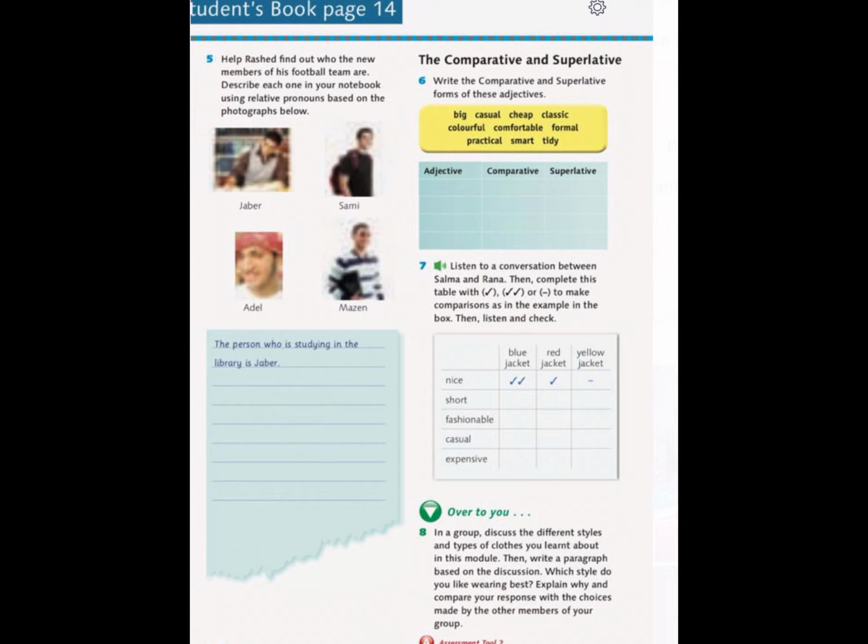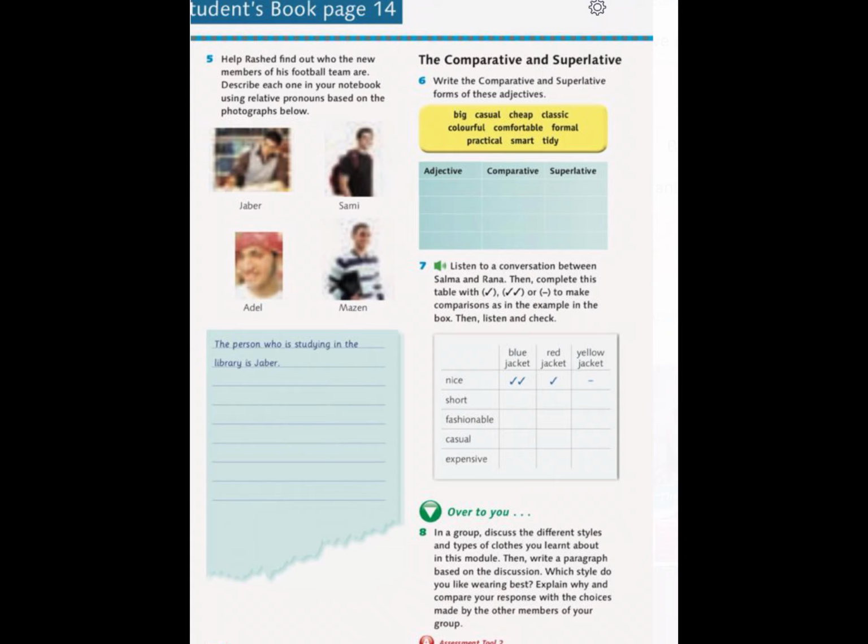We put them in the adjective part. For the comparative, لعمل صفة المقارنة we add an ER لنهاية الصفات القصيرة ثم we add than للصفات الطويلة ونكتب more or less.